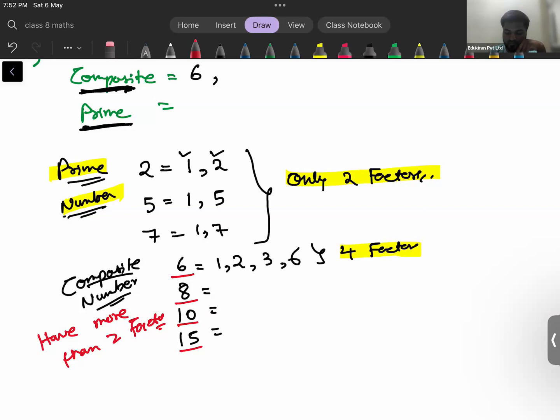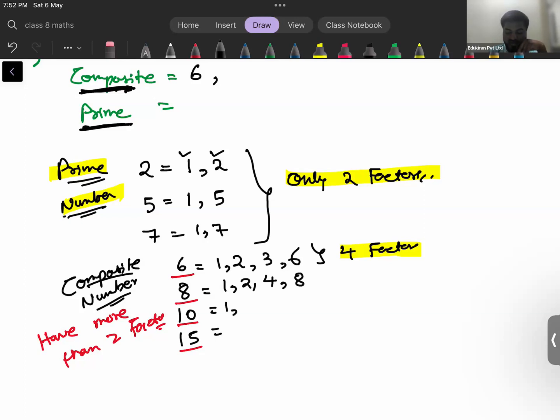8: 1, 2, 4, and 8. Very good. What about 10? 1, 5.